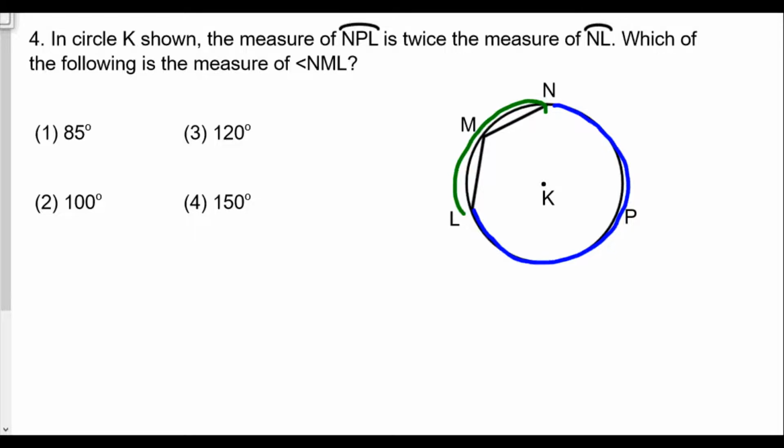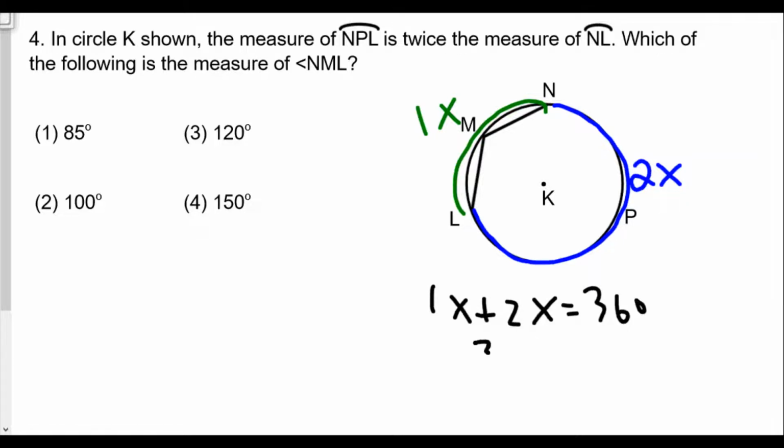So here, let's say, for example, the major arc is, let's call it 2x, and the minor arc is equal to 1x. Well, that would mean in this case, the two arcs added together are equal to 360, and therefore 3x equals 360, x is equal to 120 degrees.